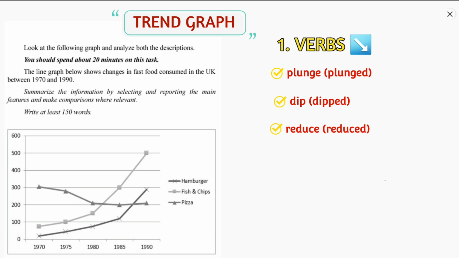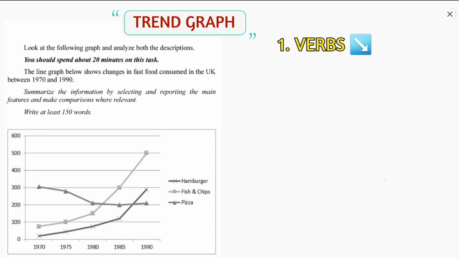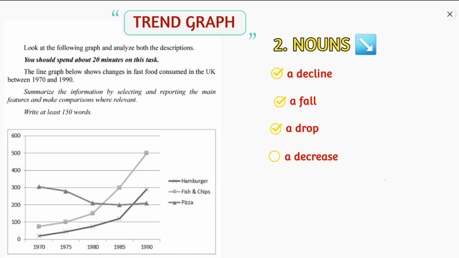Now we'll see what nouns we can use for a downward trend: a decline, a fall, a drop, a decrease, a downward movement, a reduction, a dip, a halt, right?